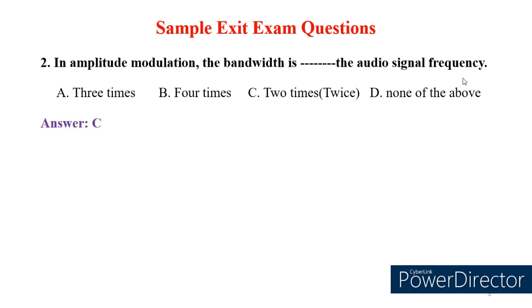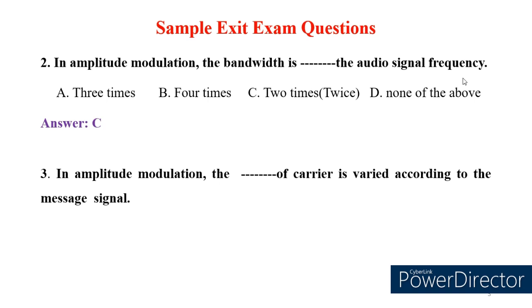Therefore, the answer is C. This is one of the disadvantages of amplitude modulation, because the bandwidth of the modulated signal is twice of the message signal.